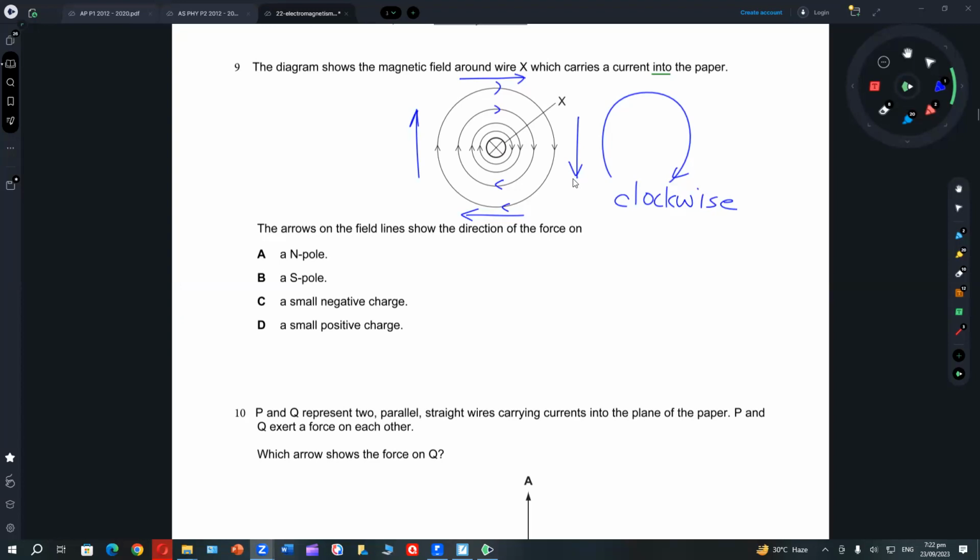Because it's a magnetic field. So why not A and B? Why are we not selecting A and B?